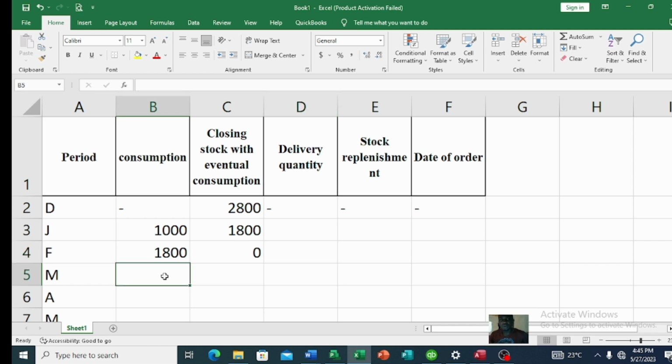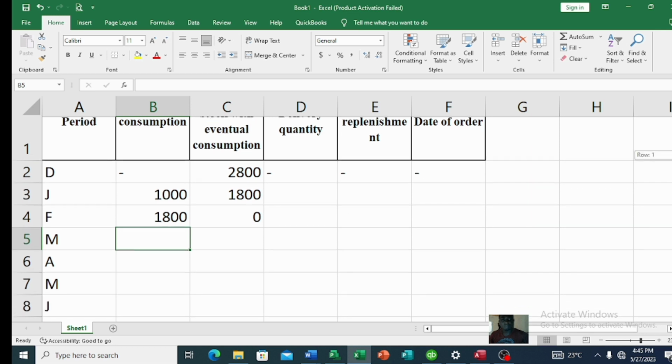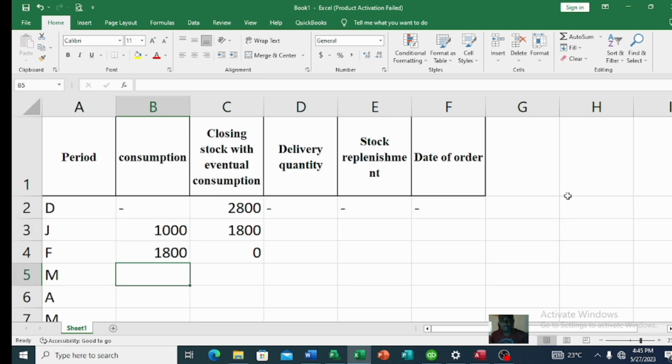What I will advise you with this constant period method, please, is that you list all your consumptions, but with the constant quantity you don't list them. With constant period, you list all the consumption. So we have 1,800. The consumption for this month is 2,180.